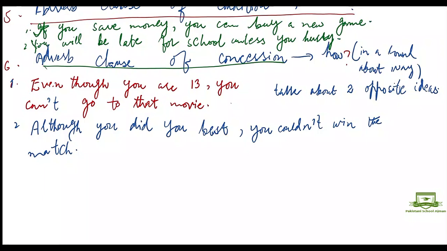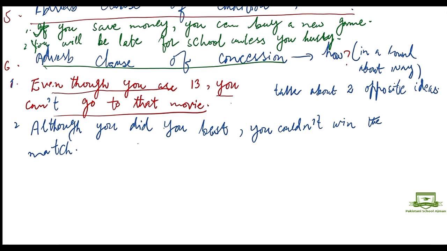Another definition you can use to recognize an adverb clause of concession is that it talks about two opposite ideas or conditions. "Even though you are 13, you can't go to that movie." See, the first part is opposing the second part. So this is an adverb clause of concession. In a roundabout way, you are talking about two opposite conditions.